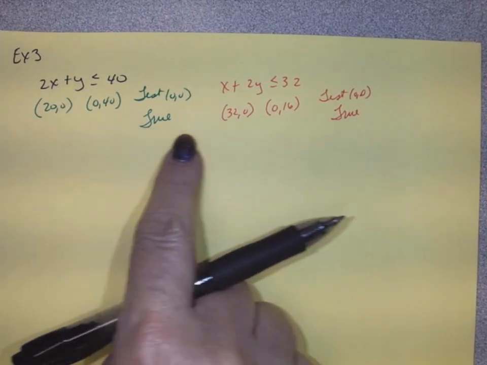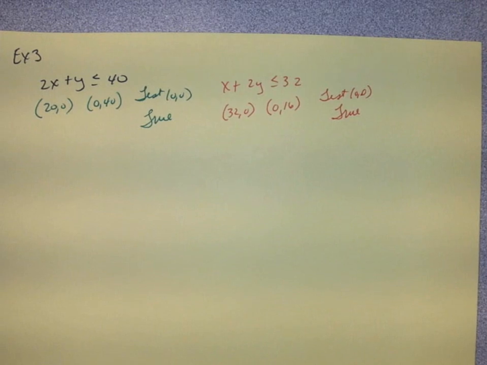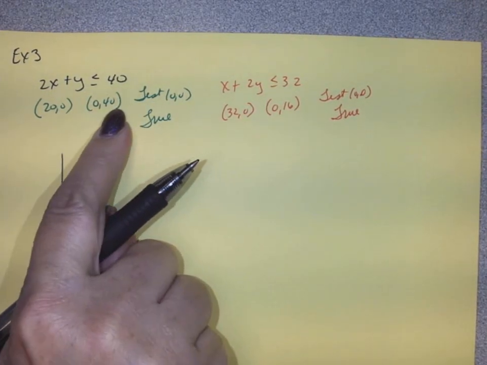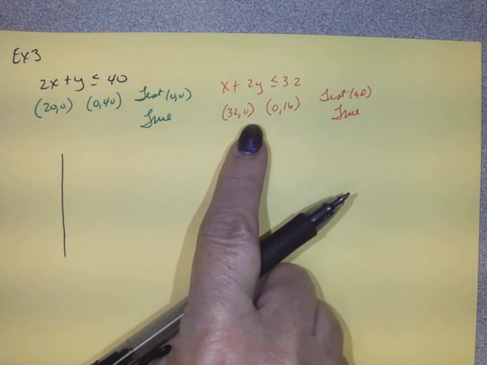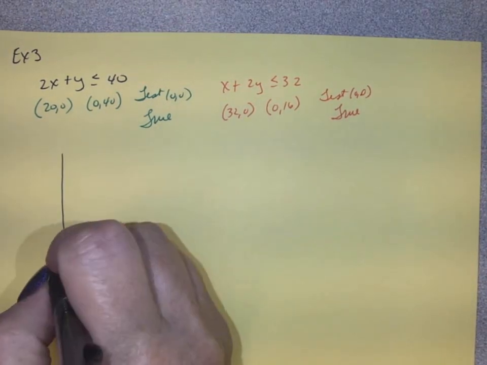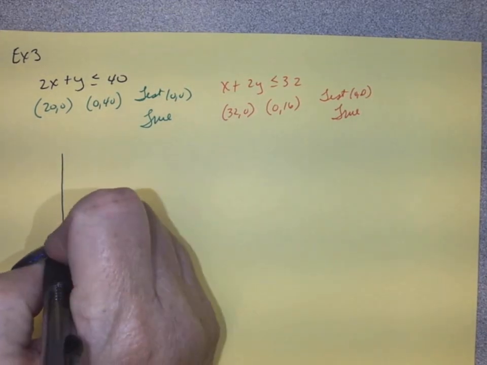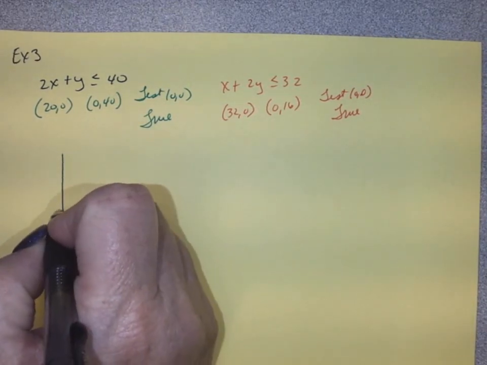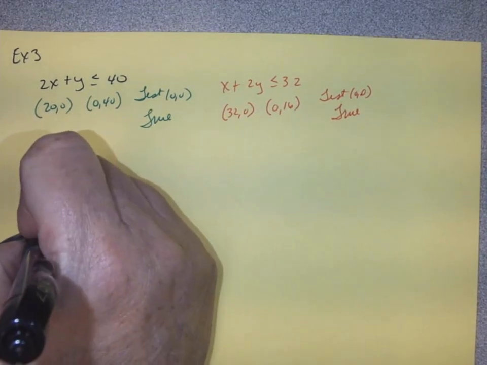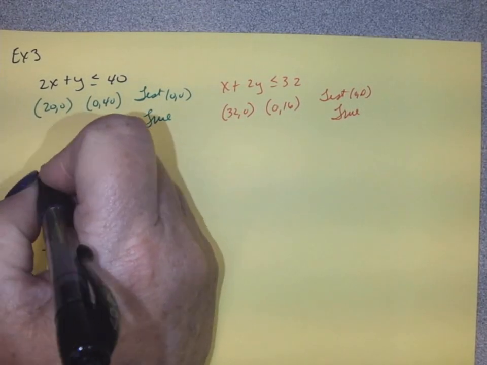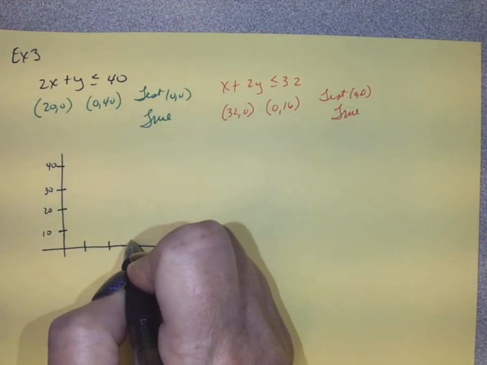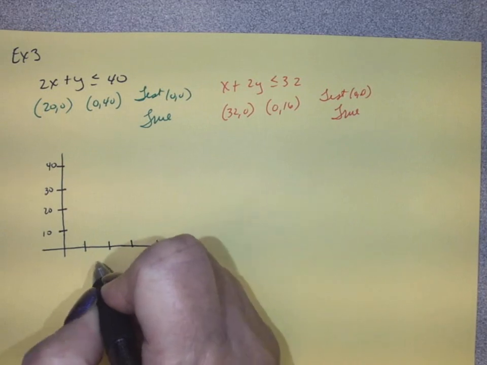All right, so we've got some big numbers here, so I'm going to count by tens. We've got to go to 40 on the x and the 32. So I'm just going to go 40 on both. So I'll do like 10, 20, 30, 40. And then 10, 20, 30, and 40.